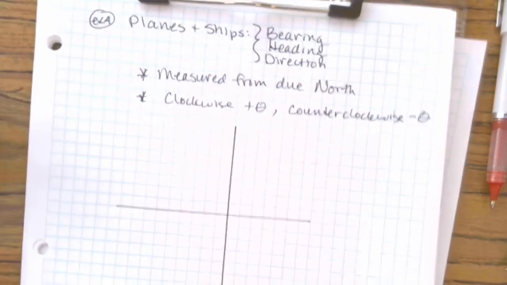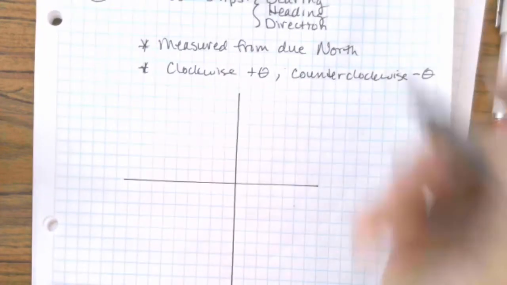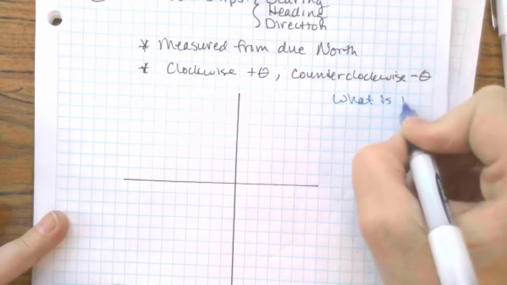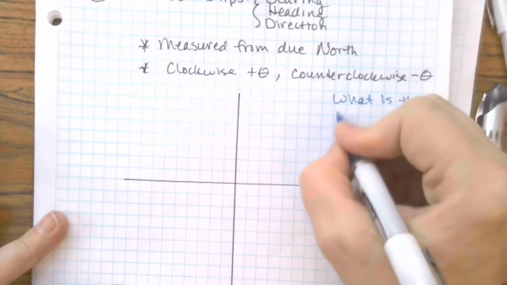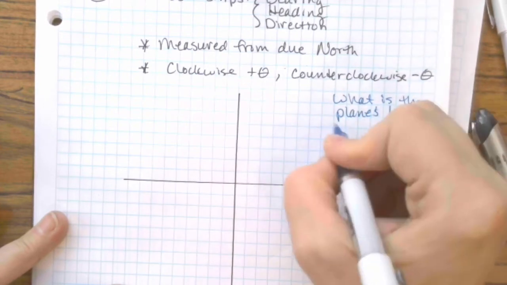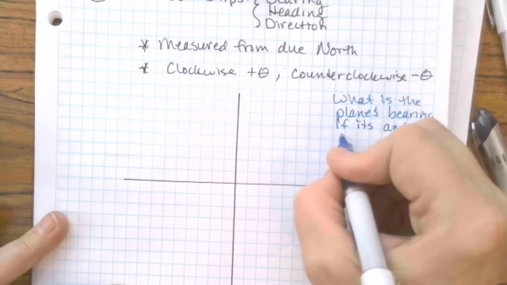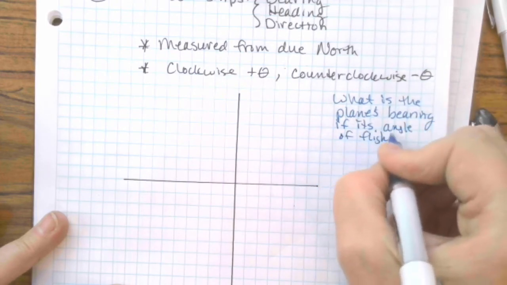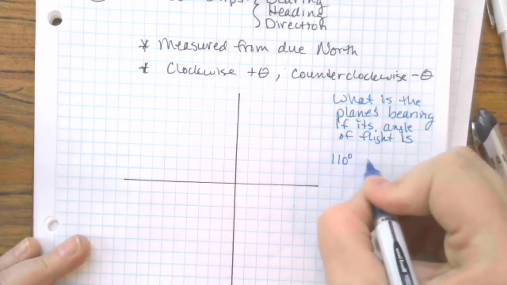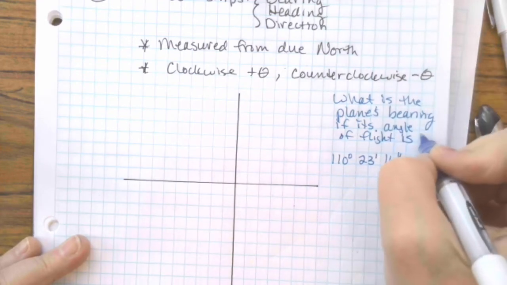Okay, so one of the types of problems that you're going to get is they want to know what is the plane's bearing if its angle of flight is, and they'll give you something like 110 degrees, 23 minutes, 16 seconds.